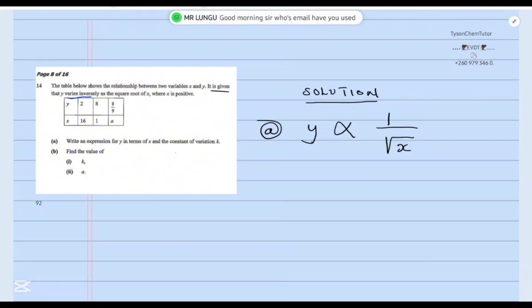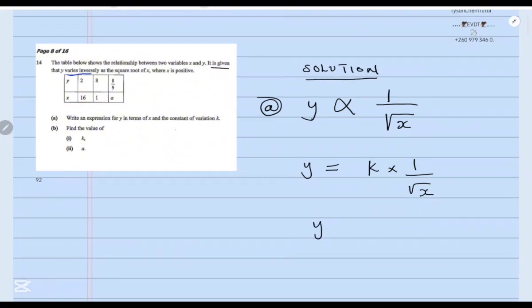Now from this we can introduce k. We need to introduce the constant k by removing the variation sign in the middle. So we say y is equal to, after putting an equal sign, k multiplied by 1 over root of x.